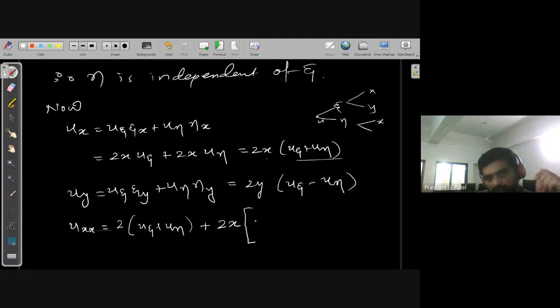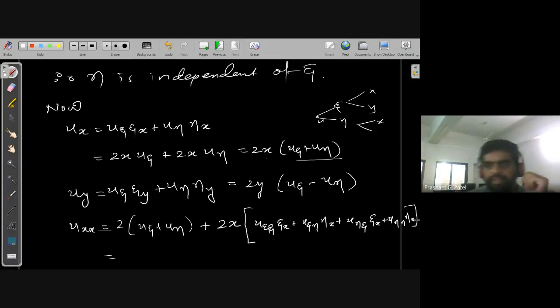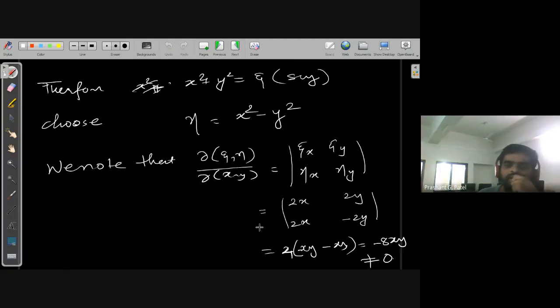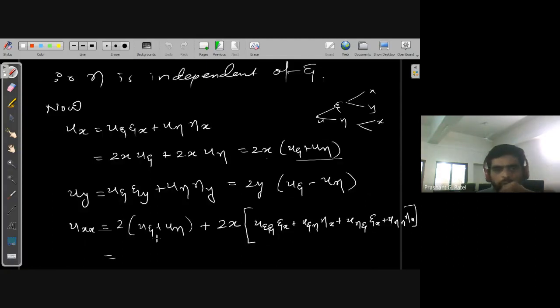So u xi is there, so it is u xi xi x plus u xi eta x, plus now u eta, so u eta xi x plus u eta eta x. If I substitute the value of xi x and eta x, as we know both of them are 2x, 2x will be common out.